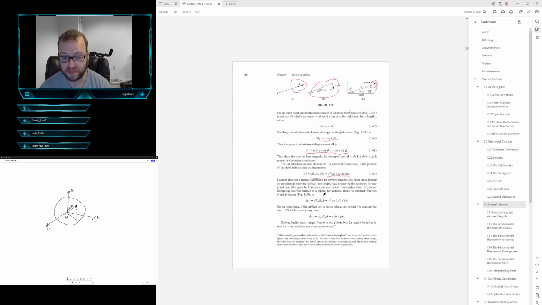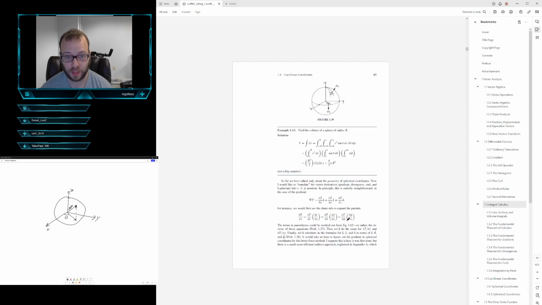If we have a surface, then we simply multiply the elements of that surface, and we get our area that's constant in r. Here's one where it's constant in theta. Easy to think of, easy to work with.